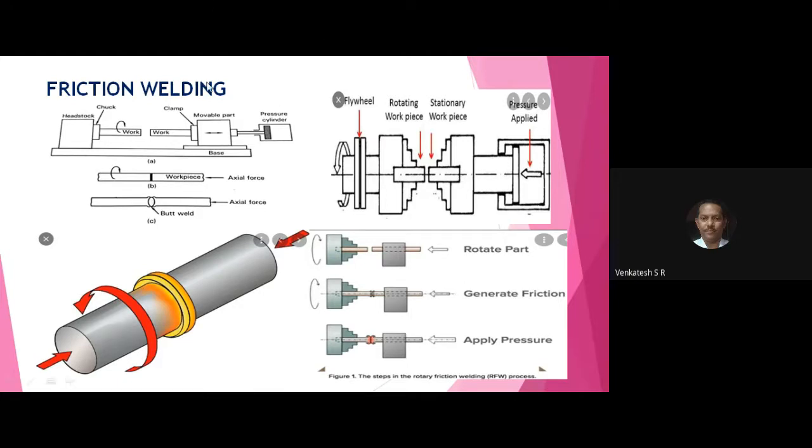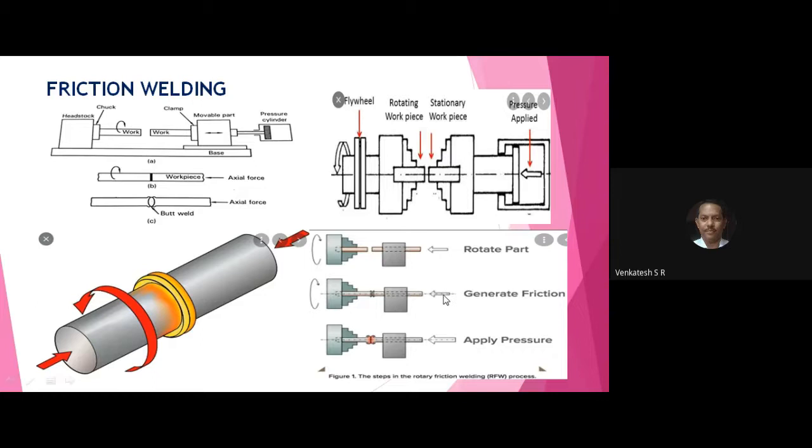Creating friction between the two workpieces, from that also you can join workpieces, which looks like a butt shape at the end of the workpiece. So this is the concept of friction welding.